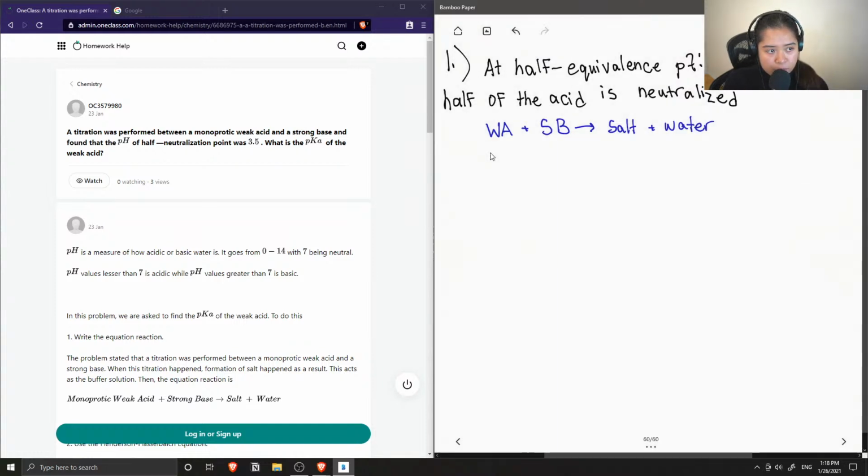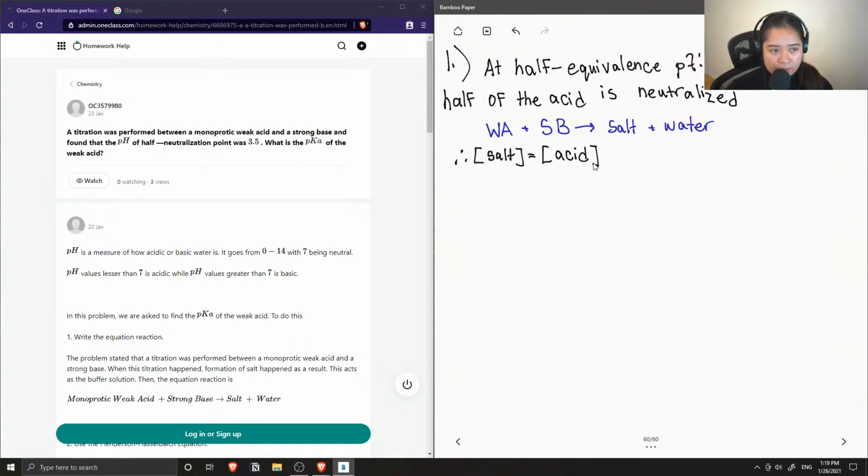So at half equivalence point, if half of the acid is neutralized, then our concentration of salt would be the same as the concentration of our acid. Since half of the acid is neutralized, it made half the amount of salt that it would. And since everything is 1-to-1, because we know it's a monoprotic weak acid, we can say that the concentration of the salt is the same as the concentration of the acid.